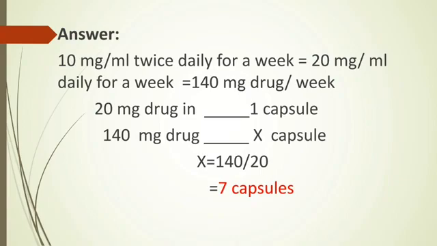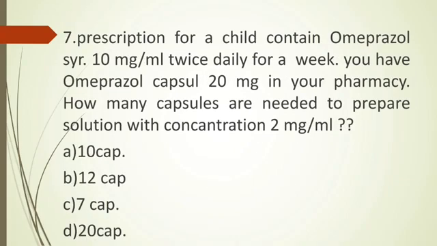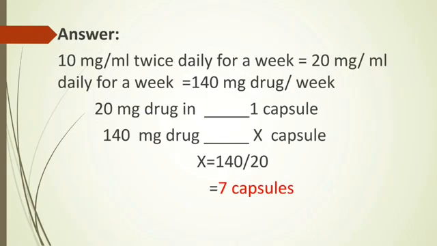And in the pharmacy omeprazole capsule 20 mg is available. So in one capsule 20 mg drug is present, and what we require is 140 mg drug. So for 140 mg drug we can assume X capsules are required.